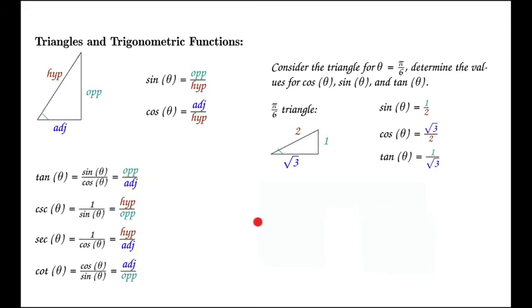I said that we have a few nice angles that we need to be able to evaluate. The other two triangles that are really helpful to remember are the pi over 3 triangle and the pi over 4 triangle. The pi over 3 triangle is actually this exact same triangle, only reoriented. I'm going to put this opposite side and make it an adjacent side and look at the other angle.